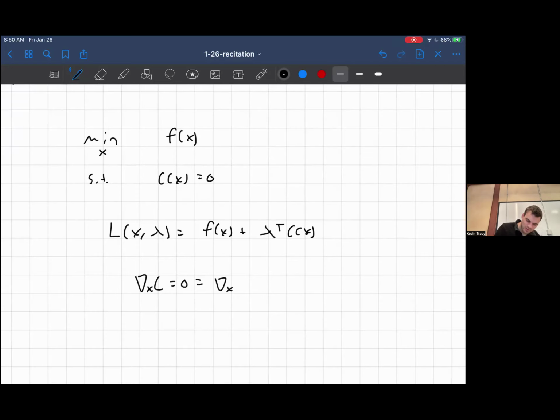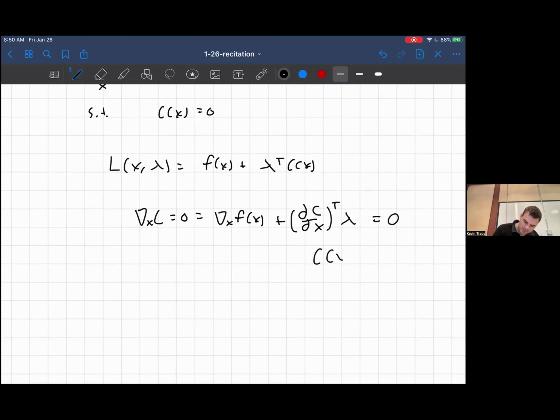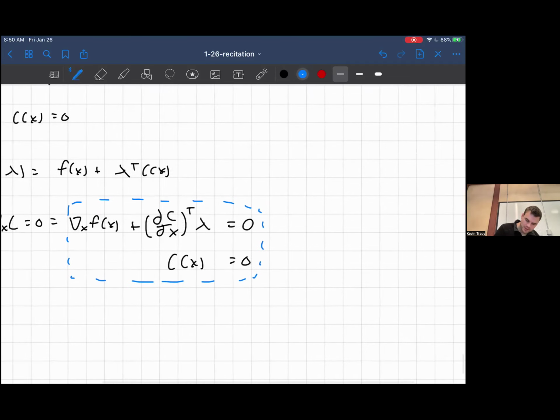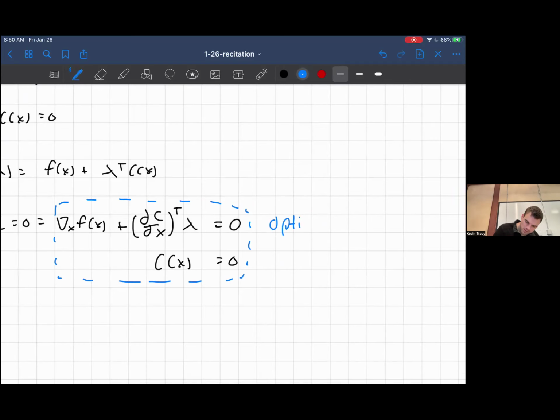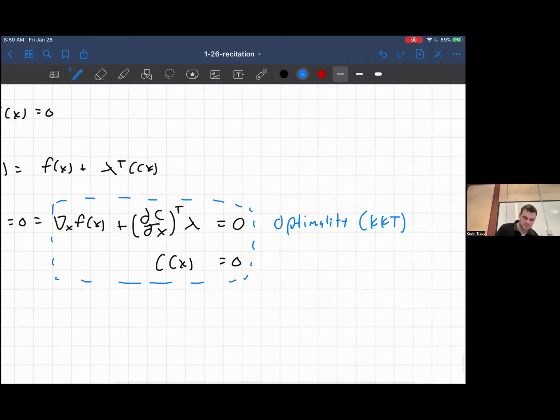So in this case, it's gradient of f plus the constraint Jacobian transpose times lambda. So this is our first condition. Our second condition is that c of x equals 0. So this is optimality. Here are the KKT conditions, which is just our optimality conditions for this problem.